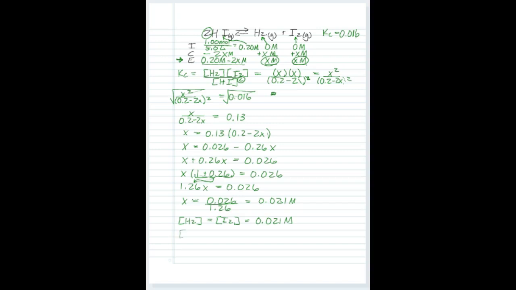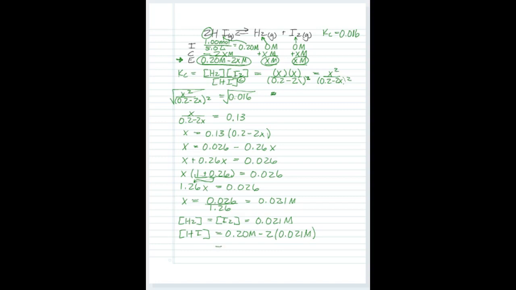And then we know that HI, the equilibrium HI concentration is, from our table above, 0.20 minus 2 times this X value, which happens to be 0.021.